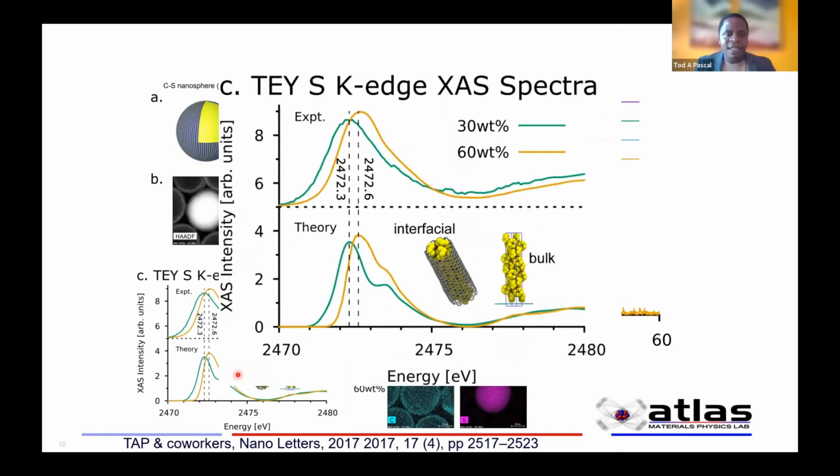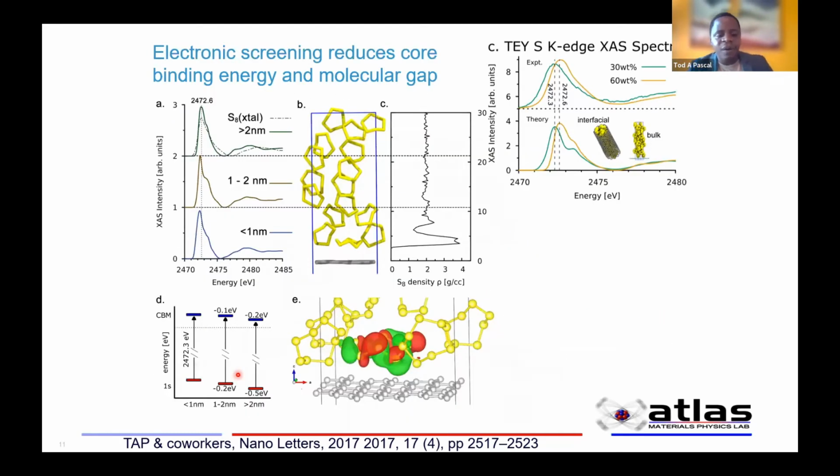What's really happening in this system, and this is primarily shown in figures A and D here, is that if you have sulfurs right next to carbon, because of the electrostatic screening that we get from these graphitic layers with their electron clouds, they tend to affect the 1s energy levels on the sulfur. And that's where these 0.3 eV shifts come from.